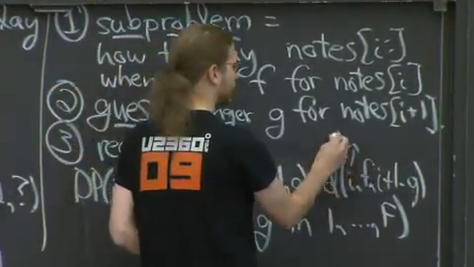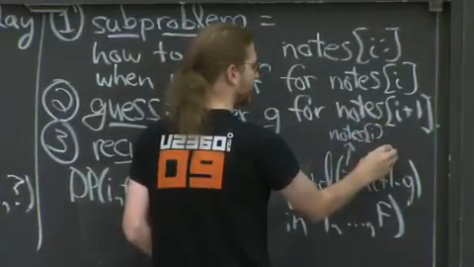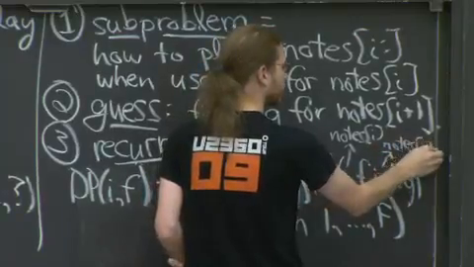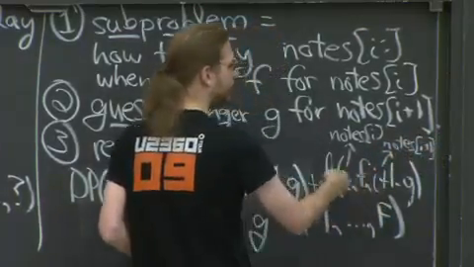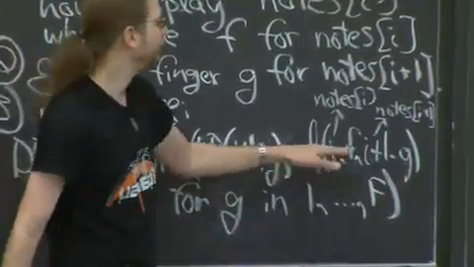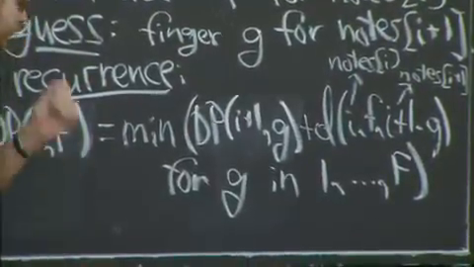This should probably be the note, what is note i? And this thing should be what is note i plus 1. If you think of this d function just being given notes, pitches that you need to play, instead of indices into the array. It doesn't really matter, but that's how I defined it before.